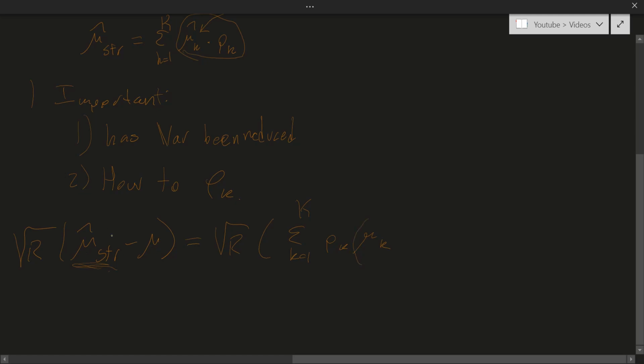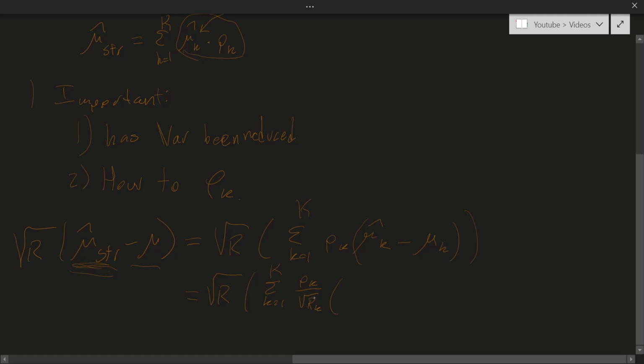Then you can see that this becomes a sum, and we can write that as 1 over square root r, sum k equals 1 up to large K of pk, and then we divide this by square root rk.